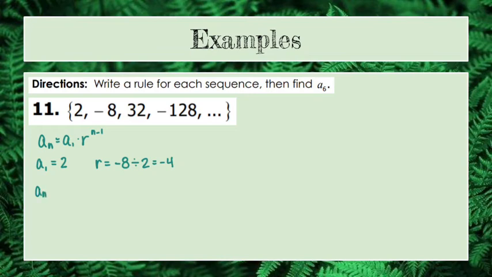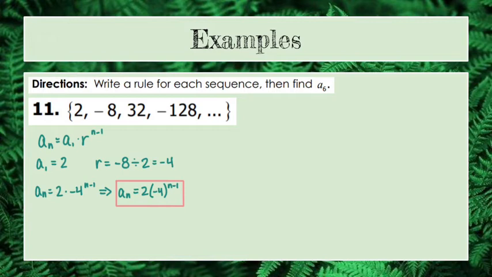So our formula will be 2 times -4 to the n minus 1 power, but we have to rewrite this as A sub n equals 2 parentheses -4 to the n minus 1. This is the way that you have to write it because if this is not in parentheses, you'll get the wrong answers.